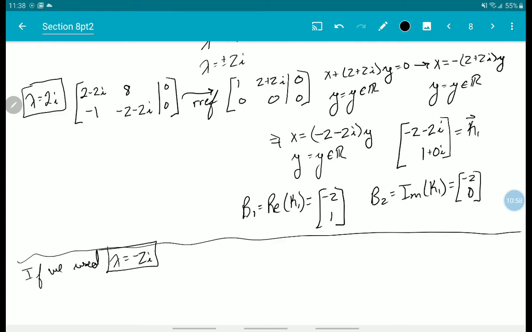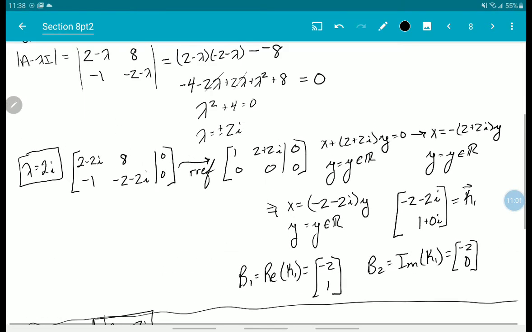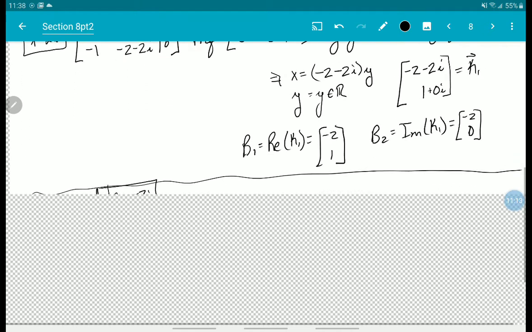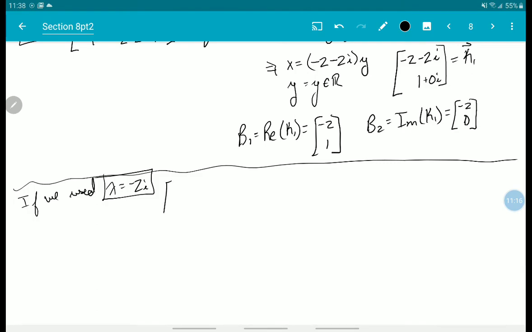If we use negative 2i and we plugged that back into this matrix, we would have 2 minus negative 2i here and negative 2 minus negative 2i here. So we would have 2 plus 2i, 8 and 0, negative 1, 2 plus 2i, and then 0.